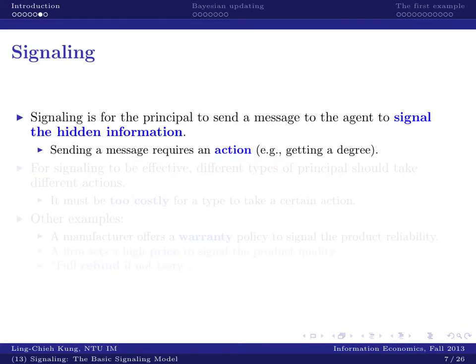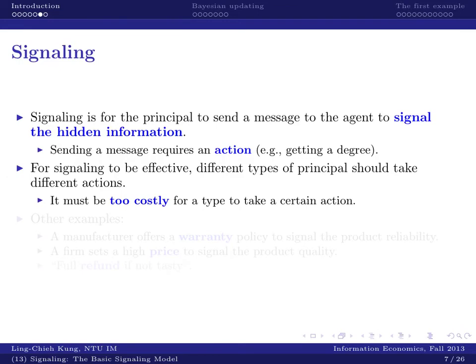Something more. As we mentioned, signaling is for the principal to send a message to the agent to signal the hidden information. And to send a message, the principal must do some action, for example, getting a degree. For signaling to be effective, that means for signaling to be able to differentiate different types of principals, they must do different actions.